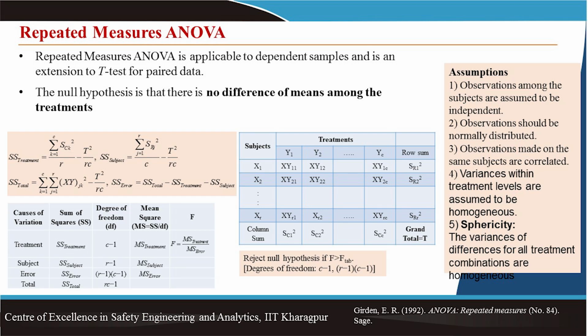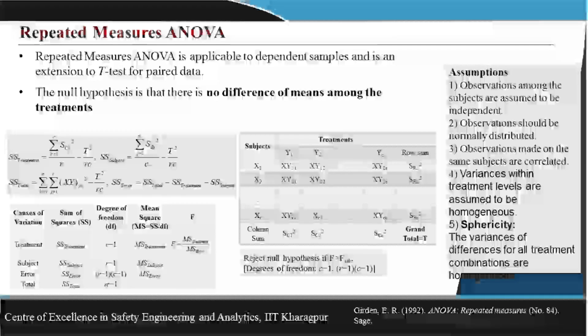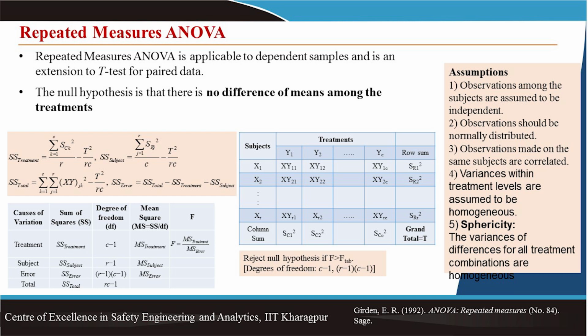So, then for SS subject you use this formula to find out the contribution of subjects in terms of introducing variability in the safety performance.